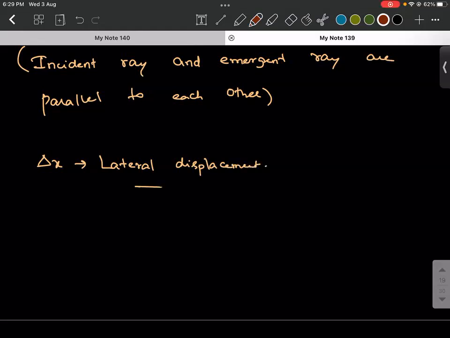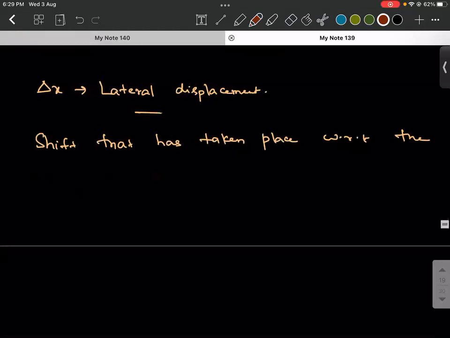Okay. So what is lateral displacement? It is the shift that has taken place with respect to the incident ray.